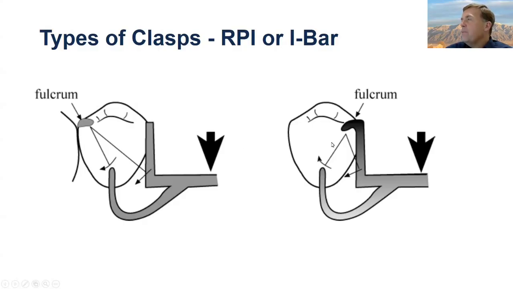On the other hand, if we do it backwards and we put a distal rest on here, we're putting a lot of torquing force on these cases. So we need to make sure, again, for you guys, make sure that you're using I-bars next to your free end saddles, and that your laboratory is putting the rest on the mesial, not on the distal. So again, severe undercuts, I didn't mention that before, and shallow vestibules can be kind of a contraindication for these.